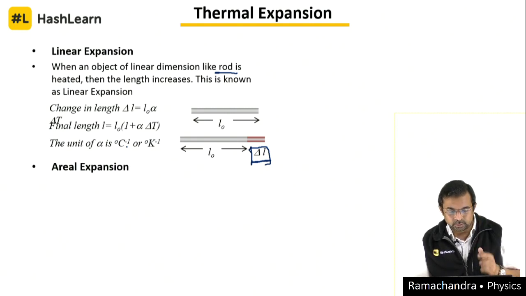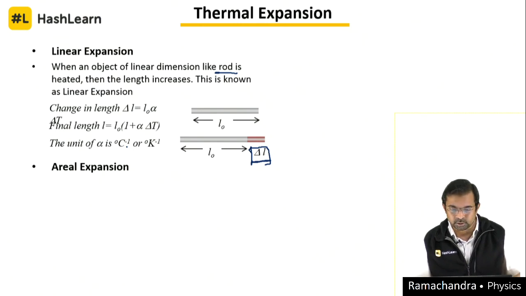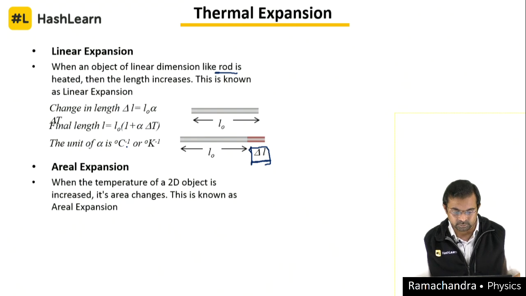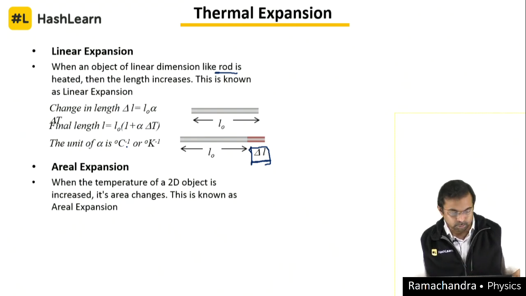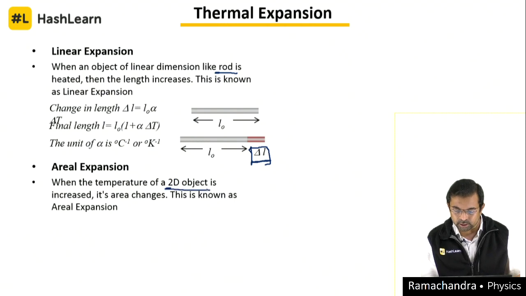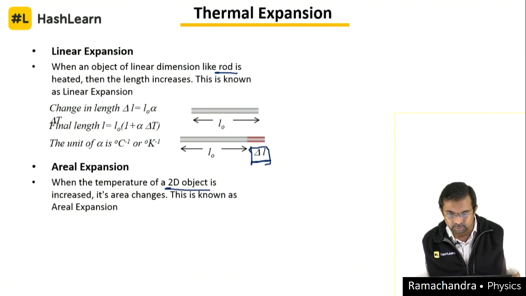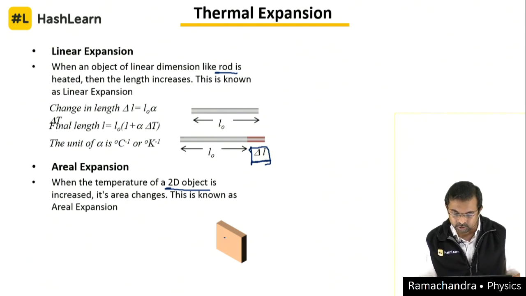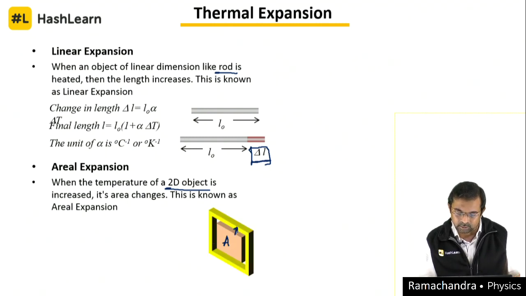Apart from linear expansion, we have areal expansion also. When heat is transmitted to a 2D object, like a plate, the area is going to increase. Let's assume it has an area A, and if you increase the temperature, there will be an increase in area.